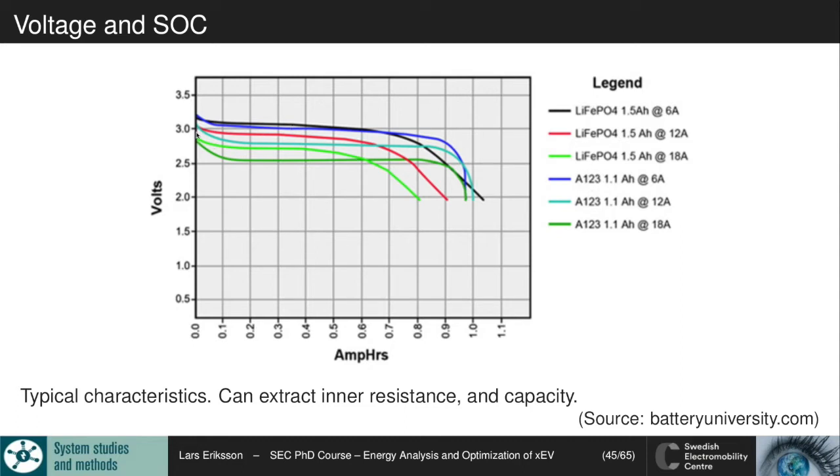And if you're looking here at the voltage behavior, here we're not looking at time, but we're looking at ampere hours that we're taking out. So we have like full, we're taking out everything here, so one is the full capacity of the battery.